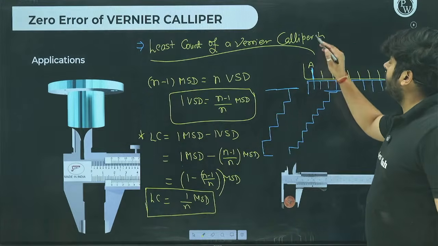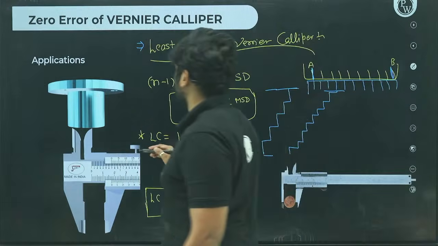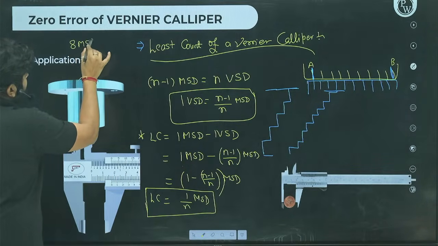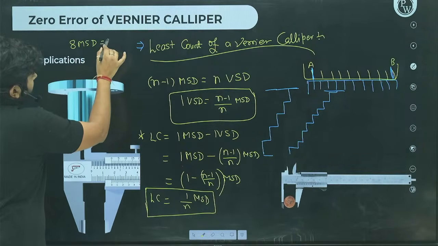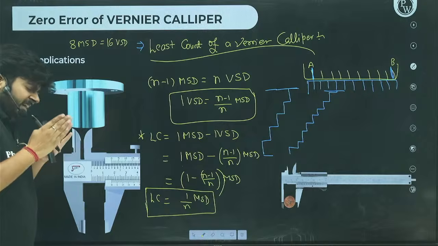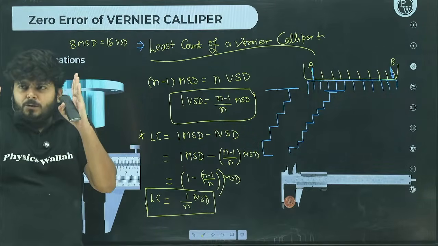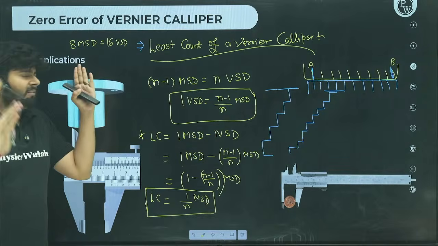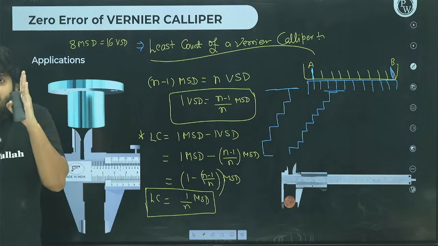For example, if in a given Vernier caliper it is shown that 8 main scale divisions are coinciding with 16 Vernier scale divisions, the Vernier scale divisions are very close. In the same space, you have 8 markings on the main scale, but 16 markings on the Vernier scale.